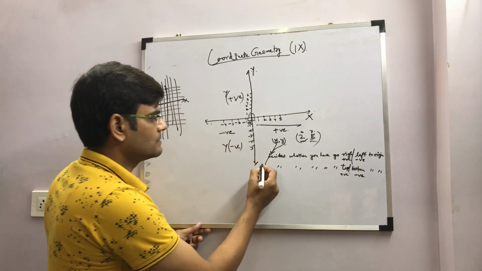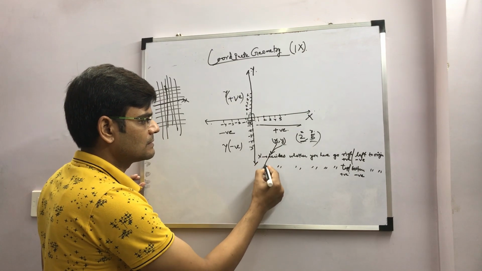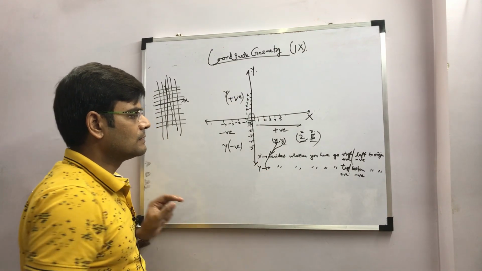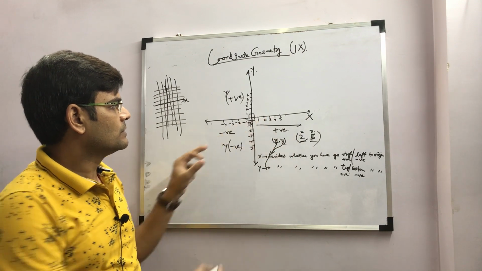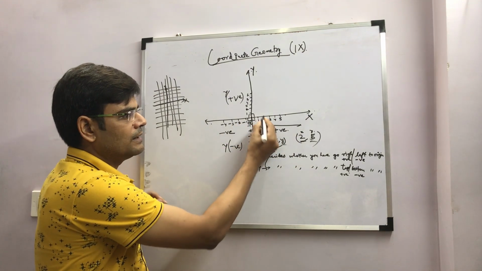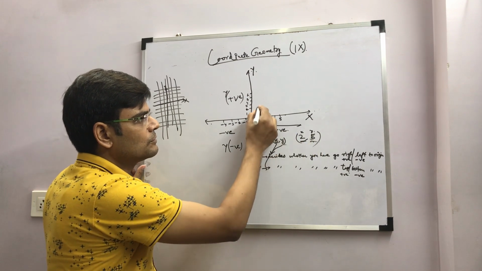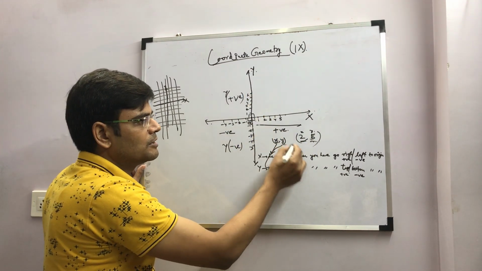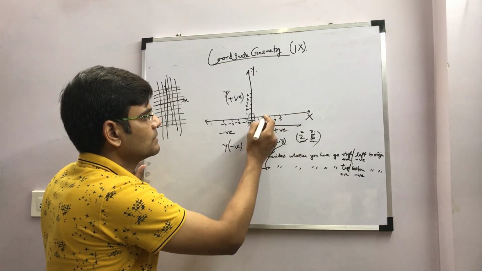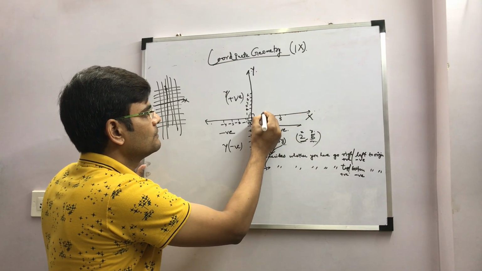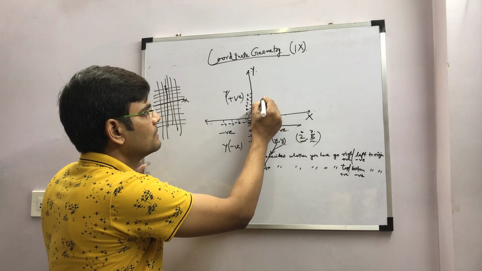So x is done, 2 is this point, you stay here. And now y says whether you have to go to top or bottom from here, perpendicular to the x-axis, and how much? 5 units. So you go 5 units on the top like this.